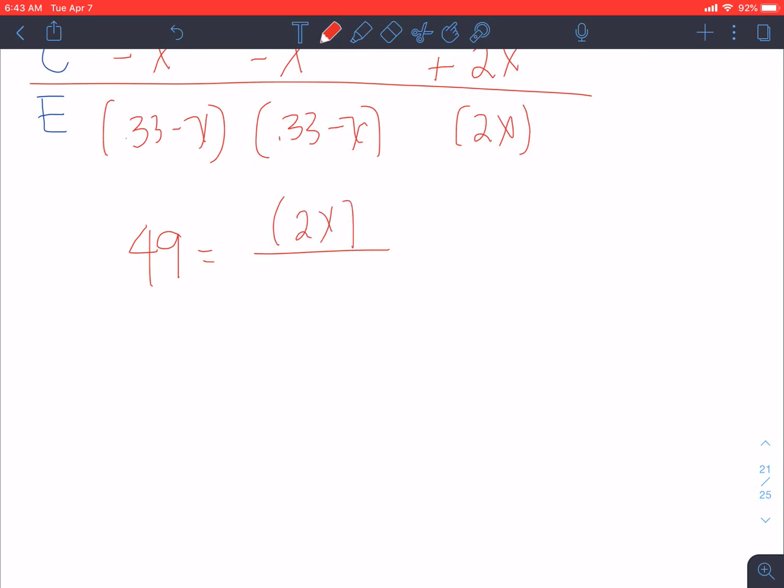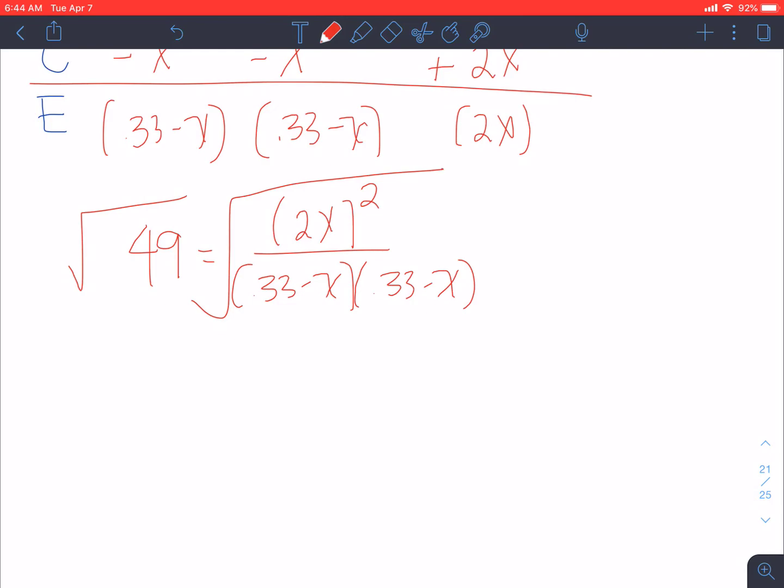Our products go first, raised to their coefficients. 0.33 minus x, 0.33 minus x, once again, that's going to be squared. This is a perfect square, so what we can do is take the square root of both sides. What we get is 7 equals 2x over 0.33 minus x, and we can solve from there.